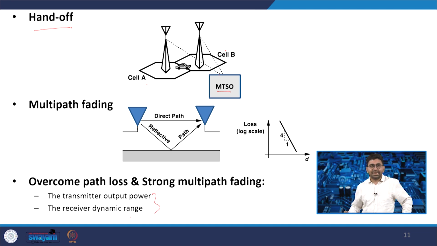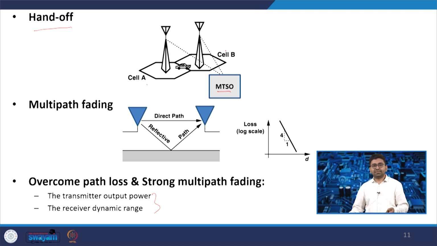You increase the transmitter output power, so that problem can be solved, and another is the receiver dynamic range. We will see the dynamic range in much more detail in the upcoming lectures. So, if you increase the transmitter output power and have a better dynamic range, then you can get rid of multipath fading.